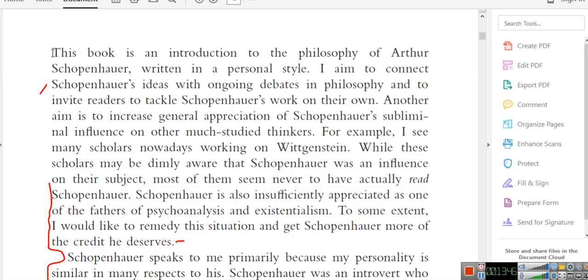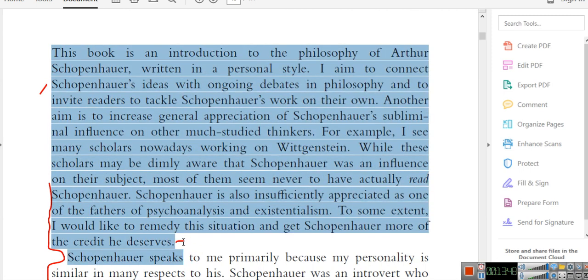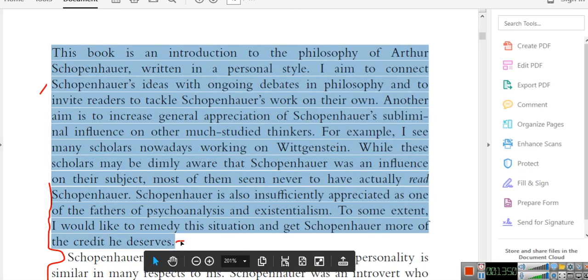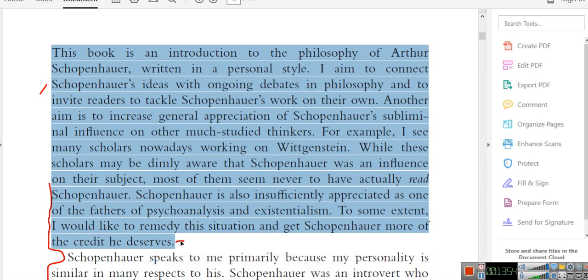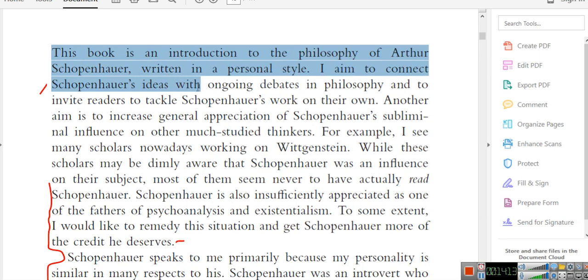So what can we say about this paragraph? It's an introductory paragraph. Thereby, he's talking about his goals in this book. He was talking about some criticisms that some scholars have, like many scholars don't even read Schopenhauer and they read about him from other books. So it's just a group of sentences.